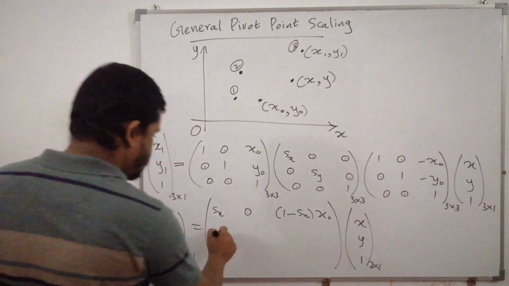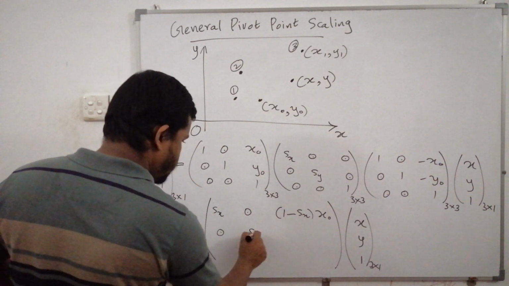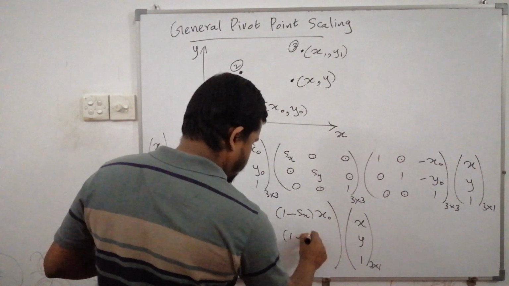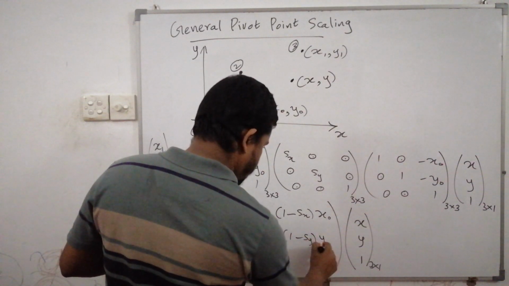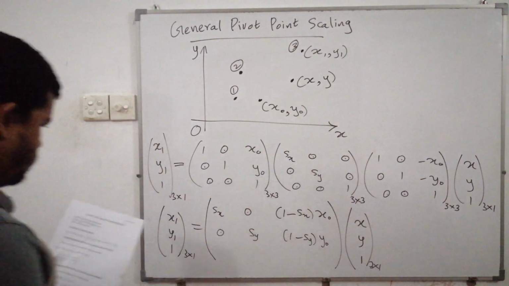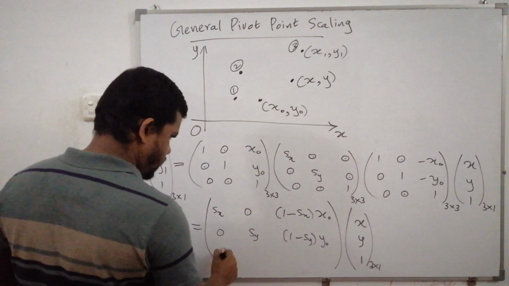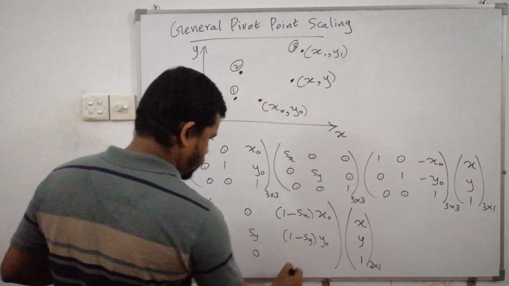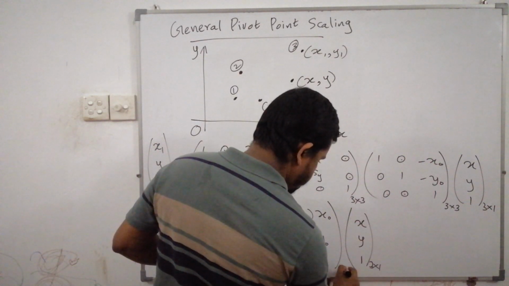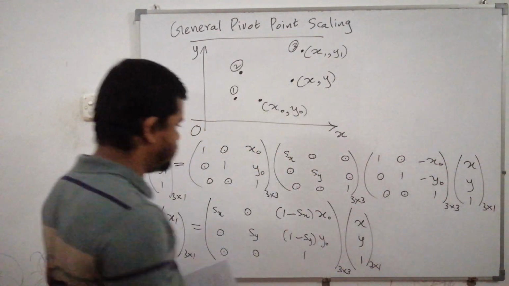Then 0, Sy, 1 minus Sy times y naught, and 0, 0, 1. So we get a 3 cross 3 matrix.